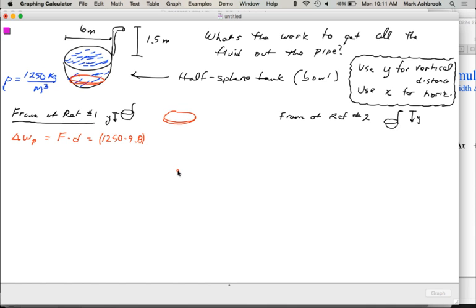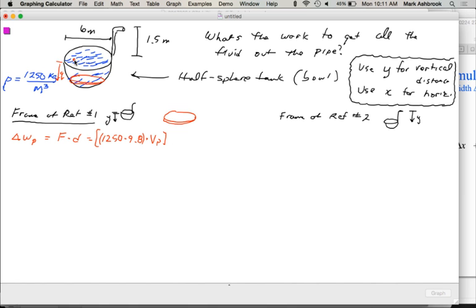To get the weight or the force, it's the weight density times the volume of the pancake. So that'll be our F. And then, for this frame of reference, what is the distance that it has to go? So, yeah, we have y down like this.